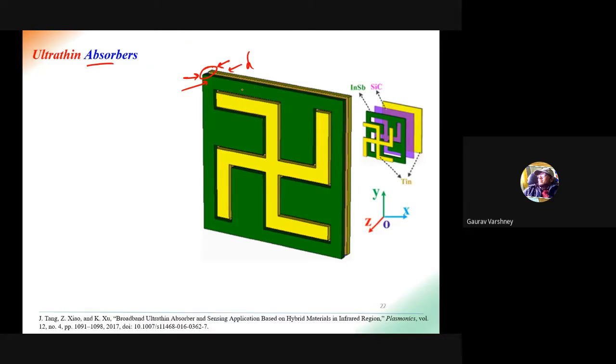In fact, in stealth technology, if we can develop ultra thin absorbing cells, it will be very easy to mount those absorbing cells on the top surface of an aircraft, because it will not add extra burden or extra weight on the aircraft. I hope you understood the use of ultra thin absorbers from the example of aircraft or stealth technology.